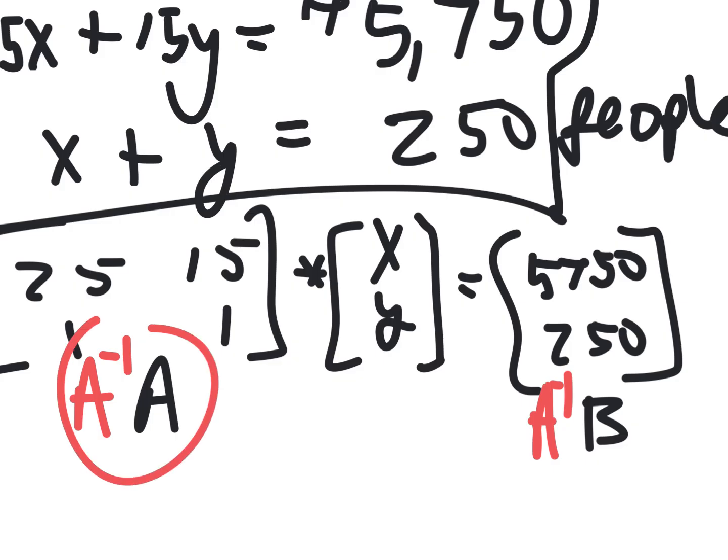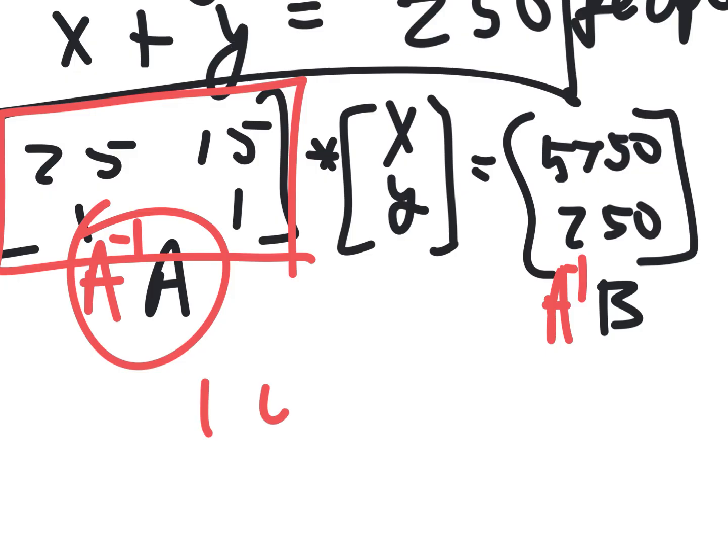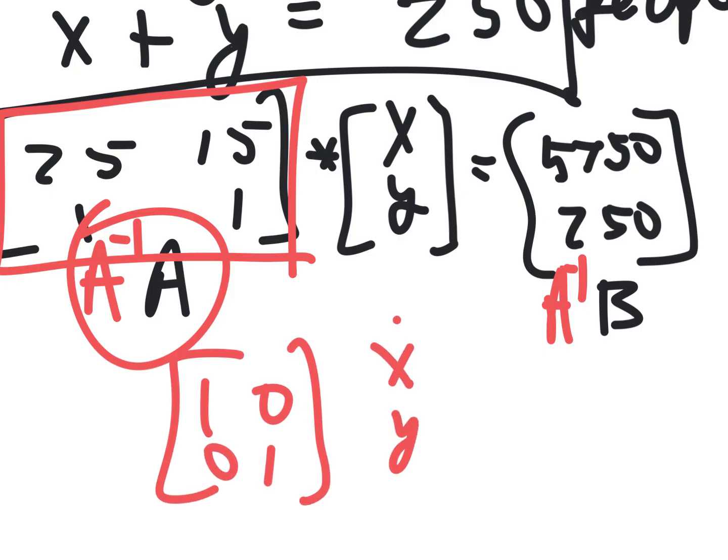Well, because this will cancel this, but it doesn't disappear. What happens when you take the inverse of this and you times it by the other one? You get the identity matrix, which is 1, 0, 0, 1, which is like having a 1 in front of the X and the Y. Okay? And that's just like having 1X. So it's just X. So the final answer ends up over here.